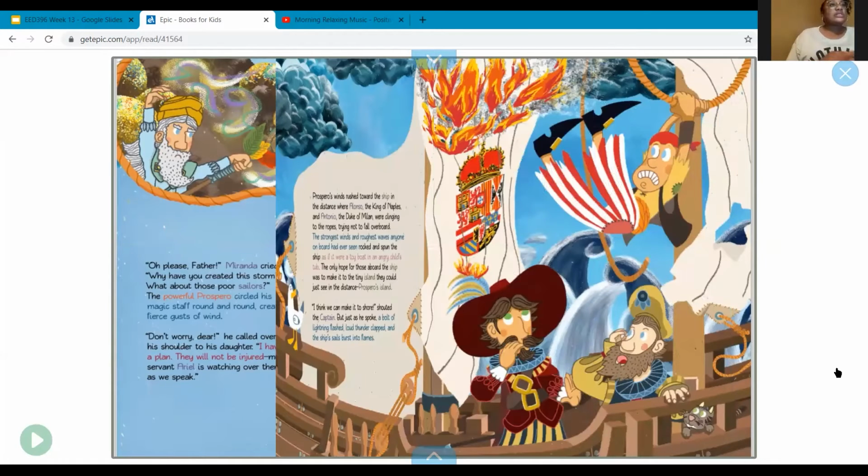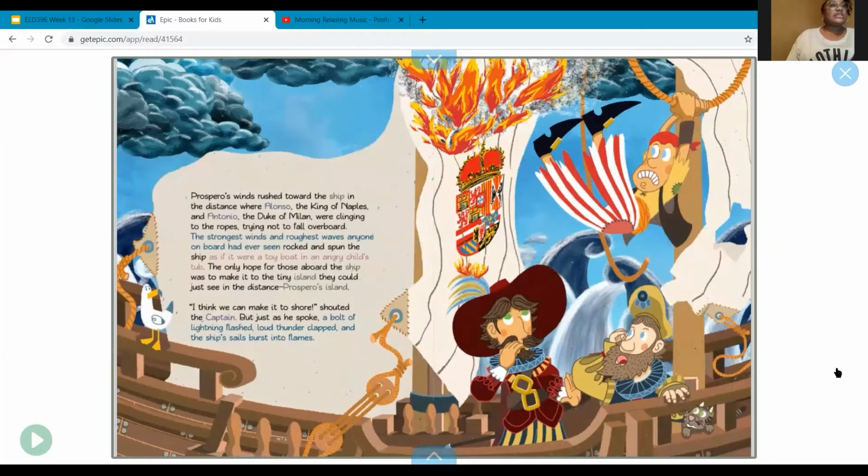Prospero's winds rushed toward the ship. In the distance, Alonso, the King of Naples, and Antonio, the Duke of Milan, were clinging to the ropes, trying not to fall overboard. The strongest winds and roughest waves anyone on board had ever seen rocked and spun the ship as if it were a toy boat in an angry child's tub.